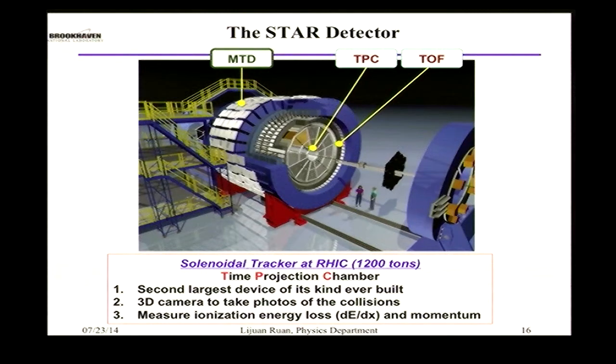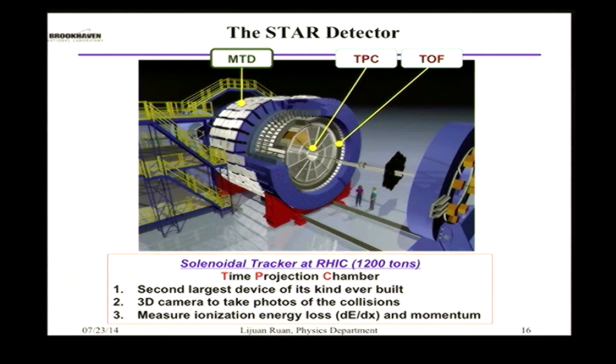You can think of it as a three-dimensional camera to take photos of the collisions. The whole detector, especially the time projection chamber, is operated under a magnetic field. The magnetic field is along the beam direction, and this is the beam direction. So you can imagine, if a charged particle goes through the magnetic field, what will happen?